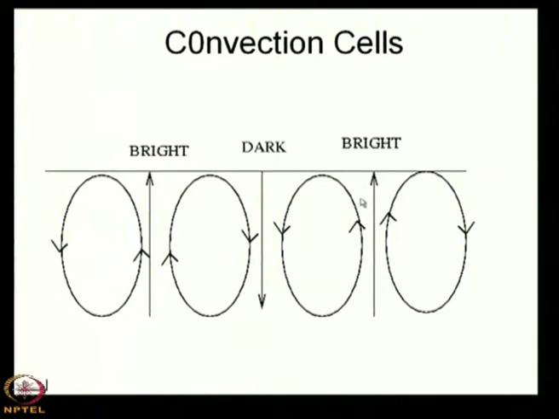The amount of radiation that comes out depends on the temperature, that is the Stefan-Boltzmann law, T to the power 4. So, you will see a bright region here, a dark region here and a bright region here. If you have convection, you expect to see such dark and bright regions on the surface.